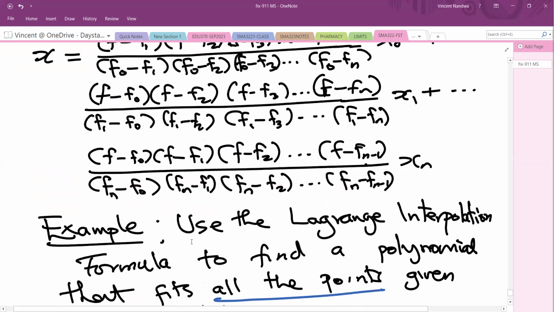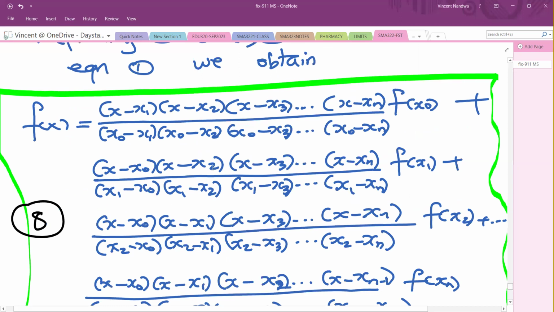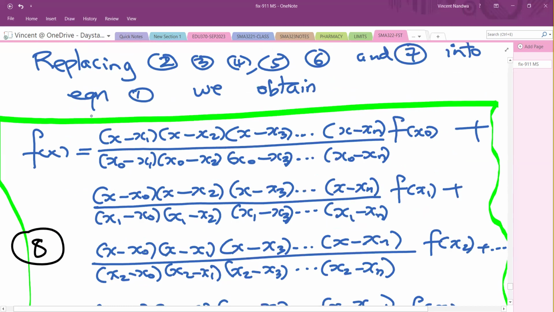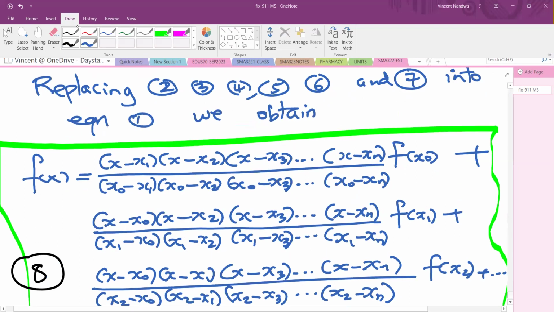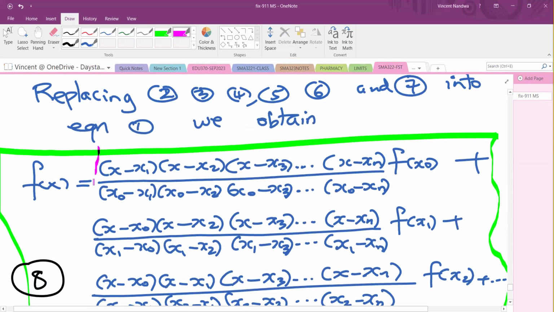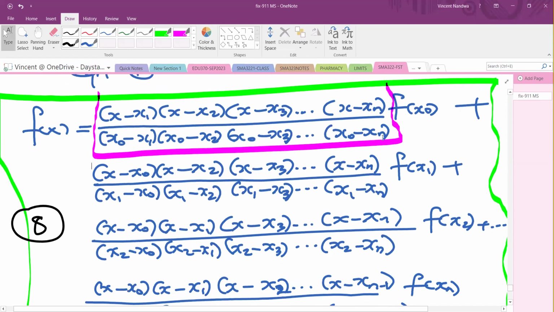You remember this formula here: in each coefficient of fi, we have n such brackets, so that when you multiply, we get a degree n.